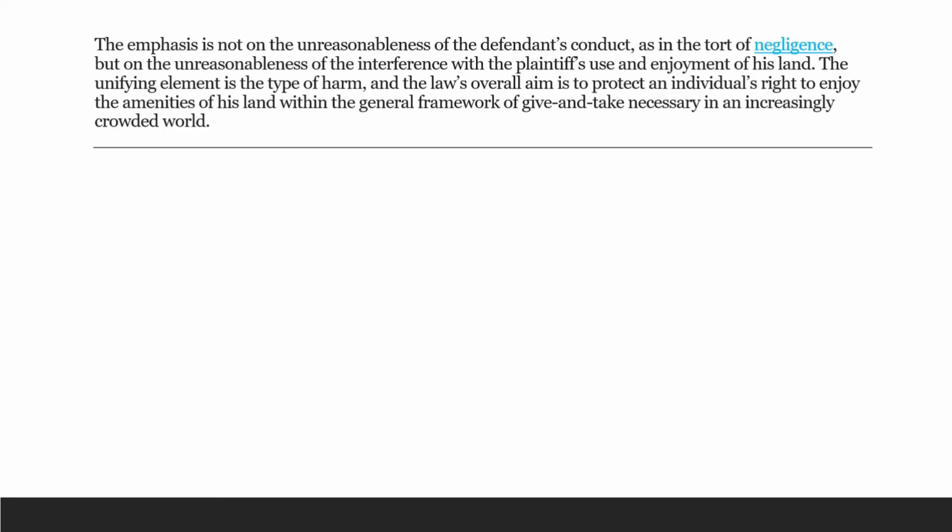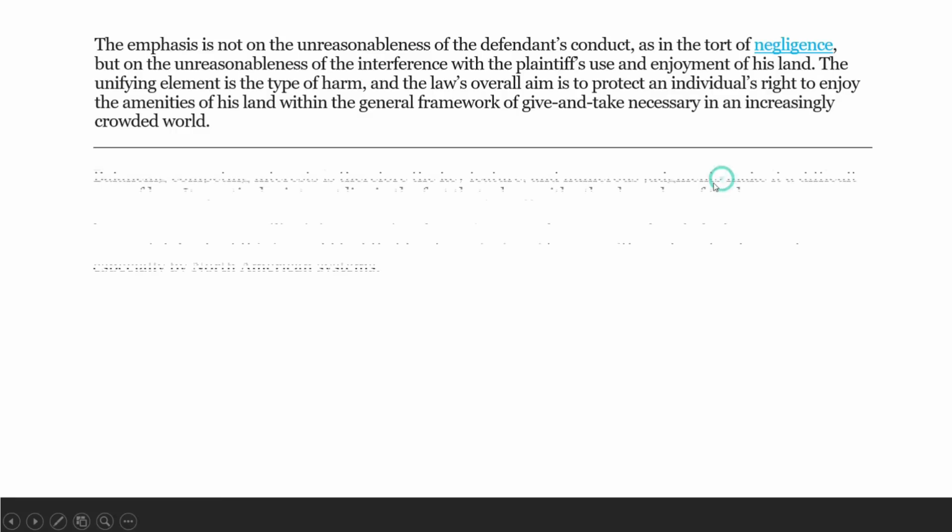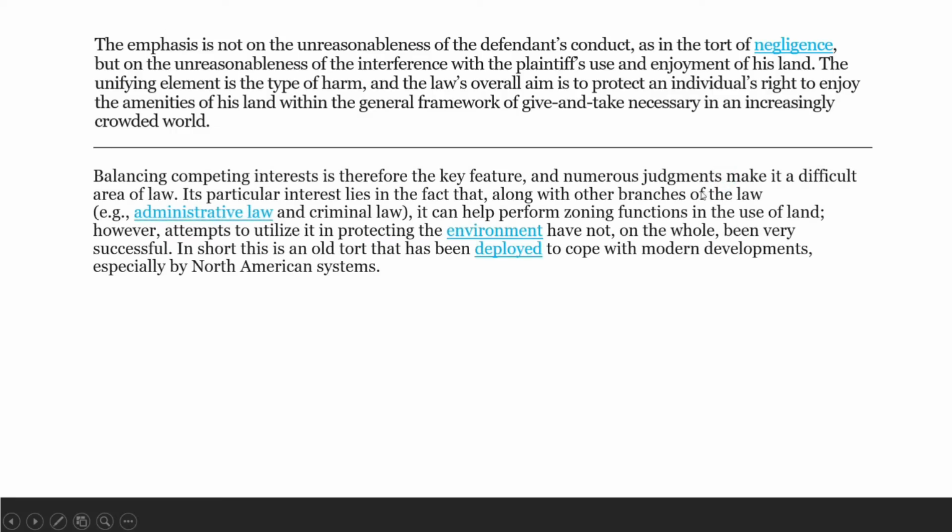The unifying element is the type of harm, and the law's overall aim is to protect an individual's right to enjoy the amenities of his land within the general framework of give and take necessary in an increasingly crowded world. Balancing competing interests is therefore the key feature, and numerous judgments make it a difficult area of law.